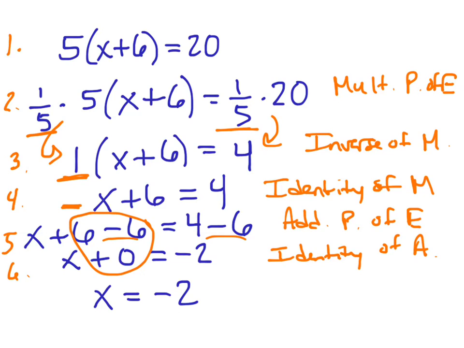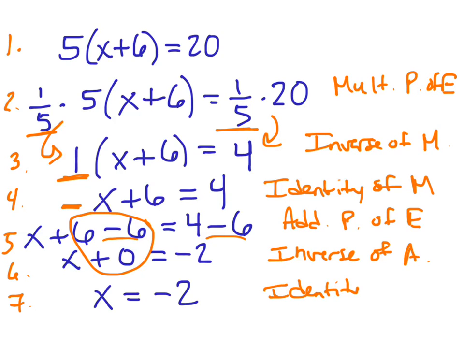Oh, I'm sorry, that's the inverse of addition. Inverse. Getting ahead of myself here. And from 6 to 7, this is the identity of addition, because what we're saying is that x plus 0 is the same thing as x.